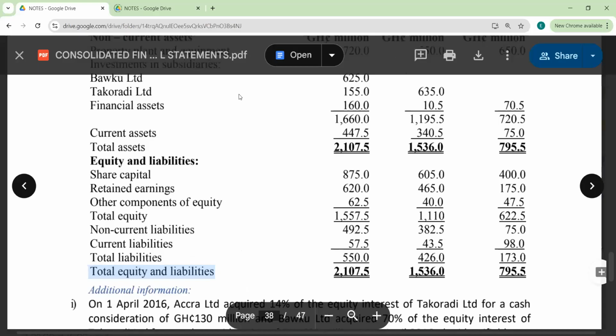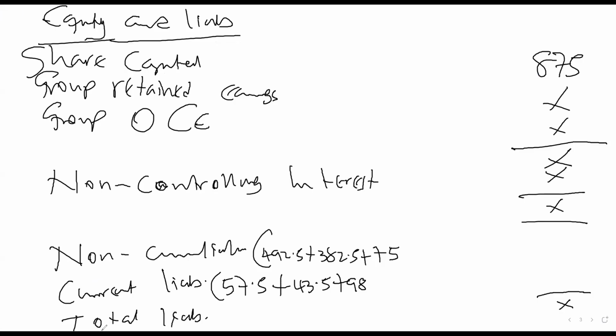You must also write total equity and liabilities. In exam condition, it might not balance, so don't worry yourself too much. We are not there to balance. We are there to get the majority of the marks and get out of the examination hall in peace.